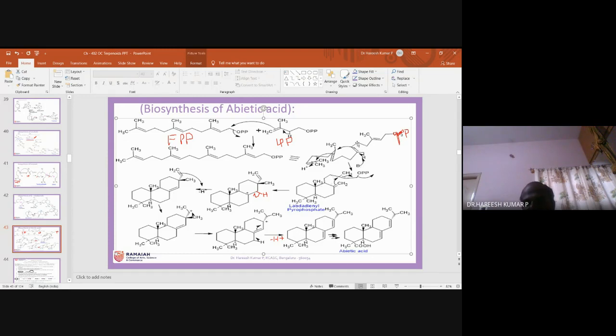And the remaining CH2, this CH3, the double bond, CH double bond, CH2 and OPP are this. At this time, again it undergoes cyclization, forming another six-membered ring. There will be a new bond formation between this carbon and this carbon. That time this double bond is going over here, and OPP will go out.